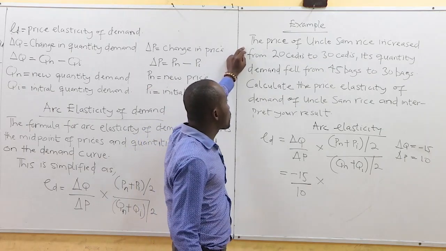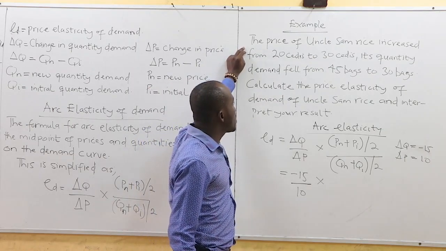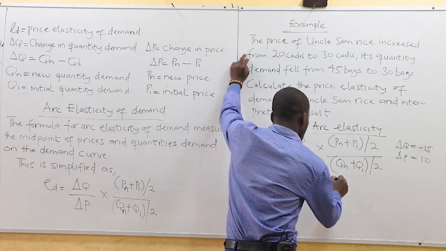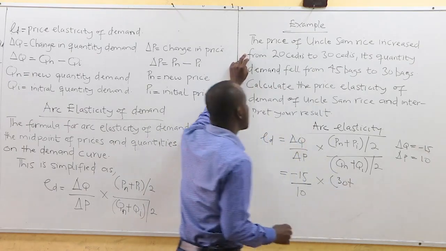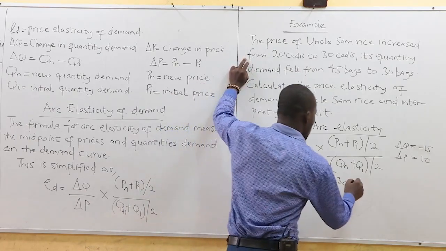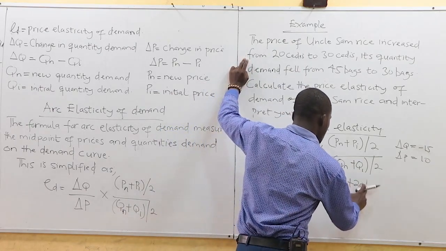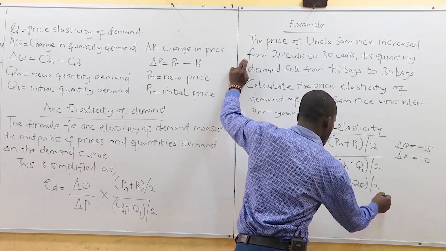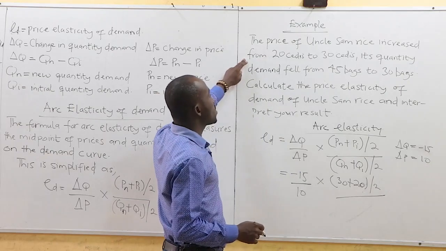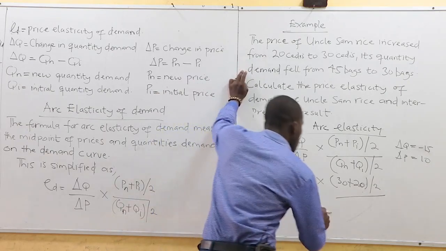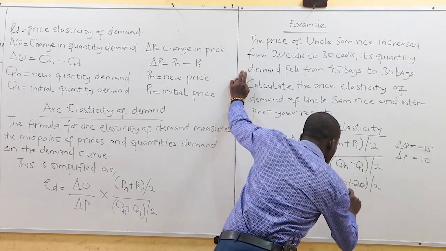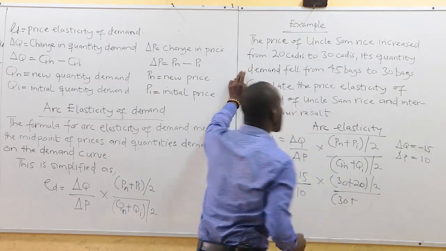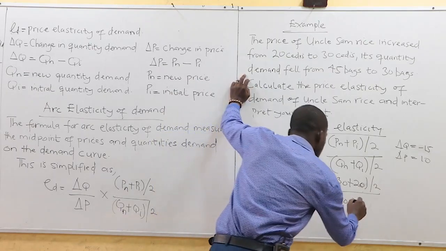The new price is 30. The initial price is 20, divided by 2. What's the new quantity? 30. What's the initial quantity? 45.